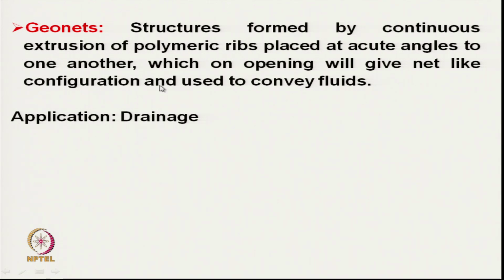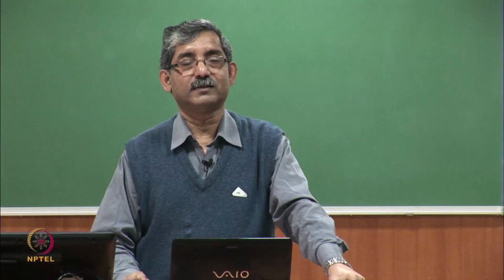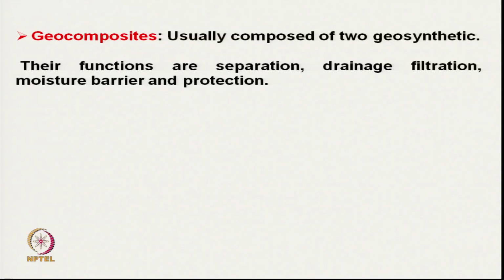So, for drainage application we sometimes use geonets. Geogrids are for reinforcement application or separation application. These are plastic materials formed into a very open grid-like configuration with very large apertures. These are basically to retain the rocks on an inclined slope.